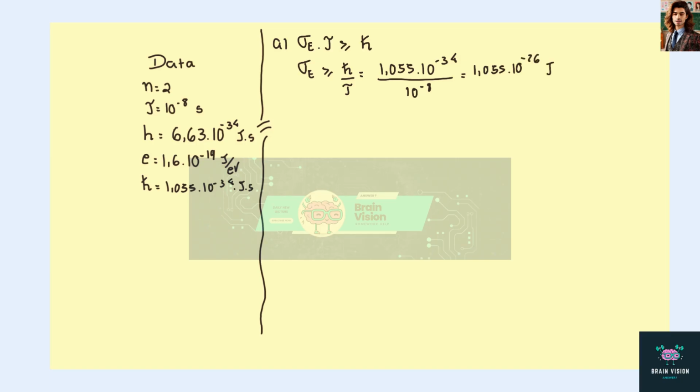We can convert the energy uncertainty from joules to electron volts by dividing by the electron charge, and by doing that we get the following.